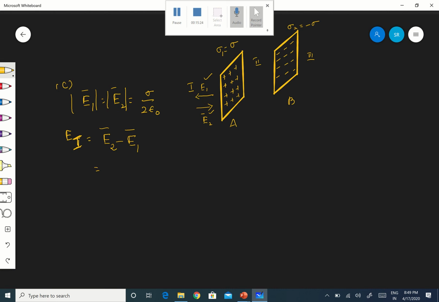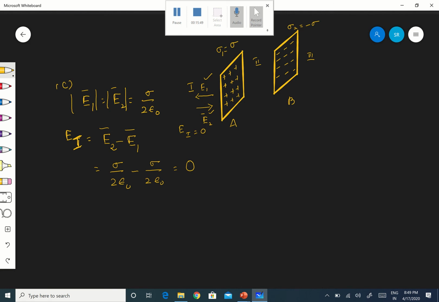Both are in opposite directions now. Therefore, E2 is sigma by 2 epsilon naught, because the direction is positive, and minus sigma by 2 epsilon naught, that is equal to 0. Therefore, the net field here in the first region is equal to 0.